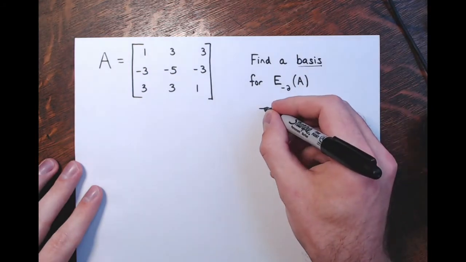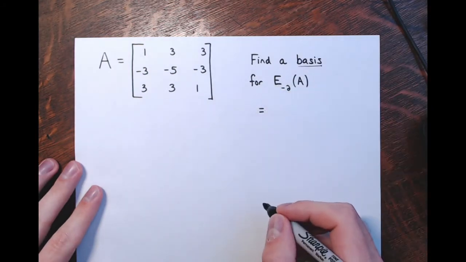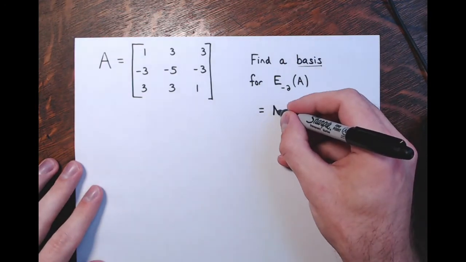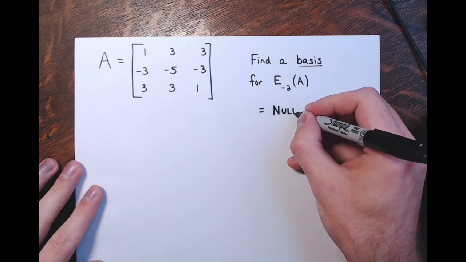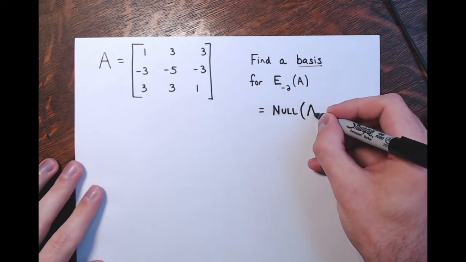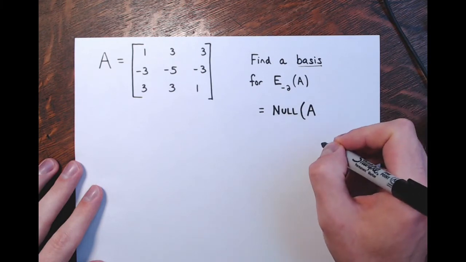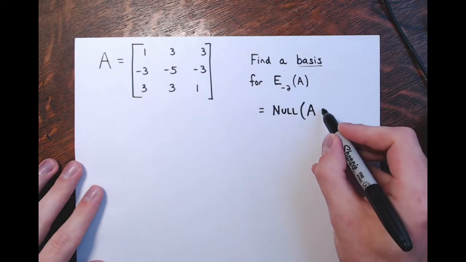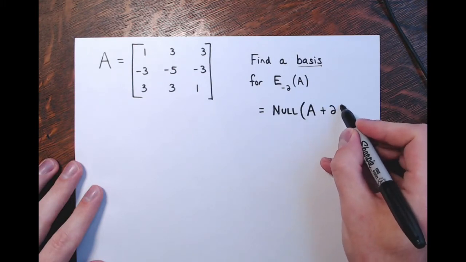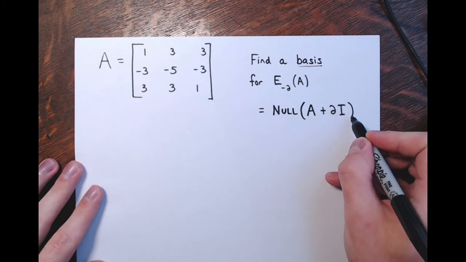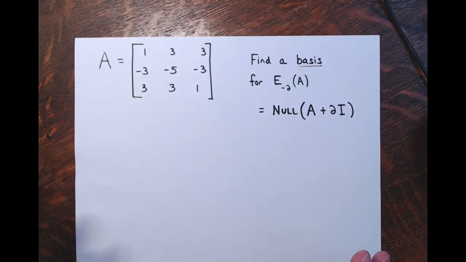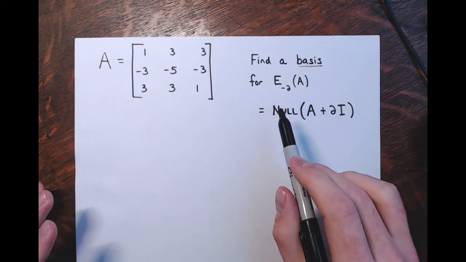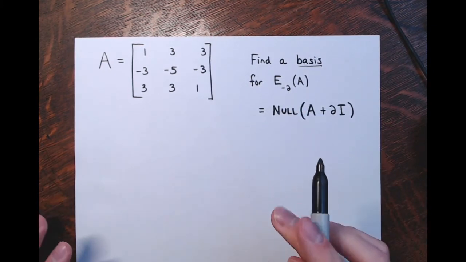Remember, this eigenspace is simply the null space of A minus lambda I. Well, lambda is -2, so A minus -2I is A plus 2I. Here they've already solved the characteristic equation for us and told us -2 is an eigenvalue of this matrix, so we don't have to do that.